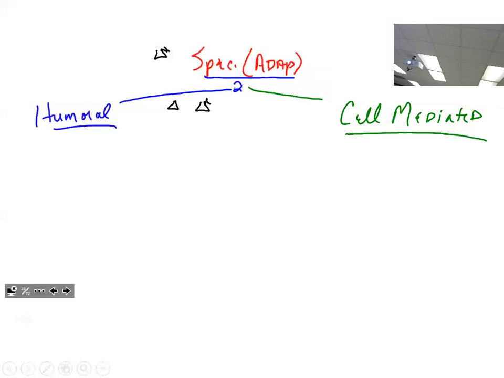So let me tell you what's going on with humoral immunity. Humoral immunity takes a special kind of cell called B lymphocytes. That B stands for bursa, which is a special type of tissue. Anyway, just know they're called B lymphocytes.